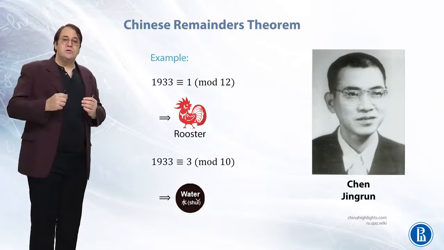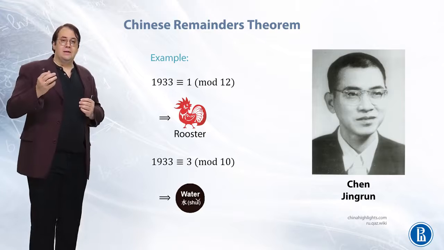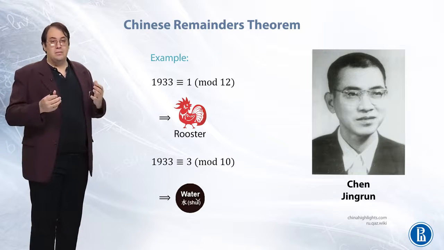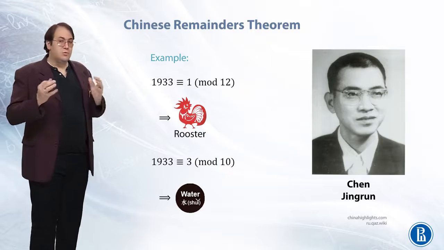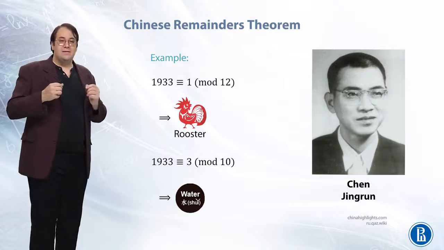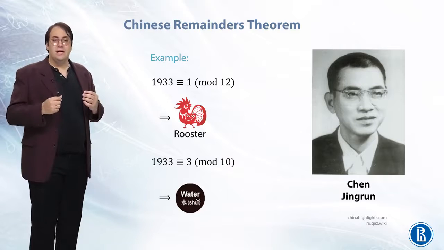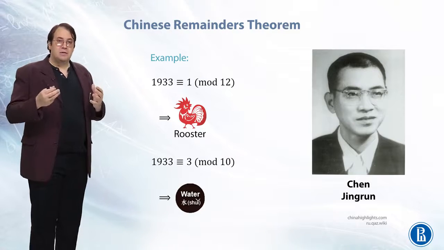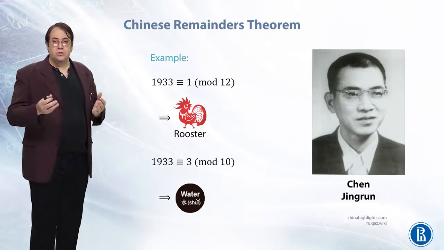So Chen was born in the year 1933, and 1933 is congruent to 1 modulo 12, which means that this was the year of a rooster, and 1933 is congruent to 3 modulo 10, which means that the element of this year, 1933, is water.